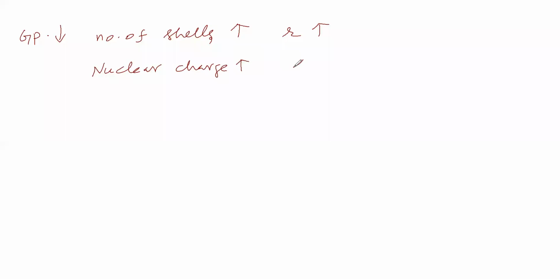Down the group, one point we said is the number of shells increases. Therefore, the radius increases. Next, we said nuclear charge increases. Therefore, the radius decreases.